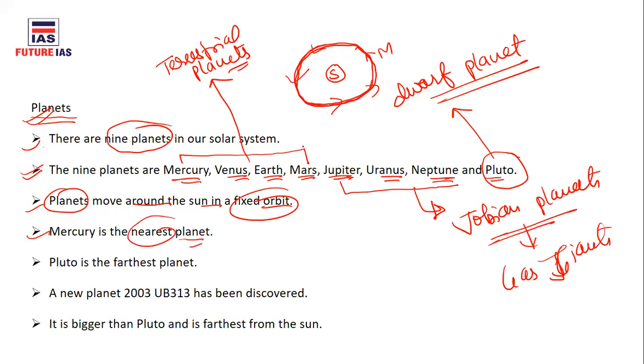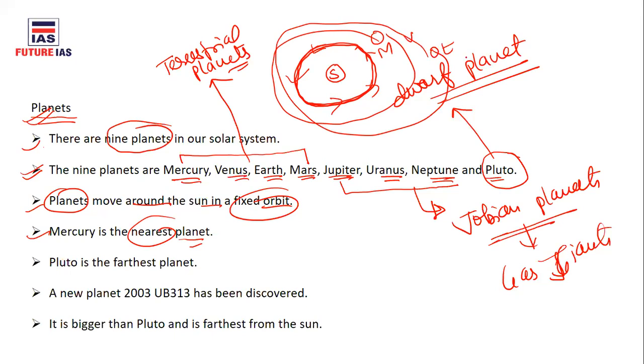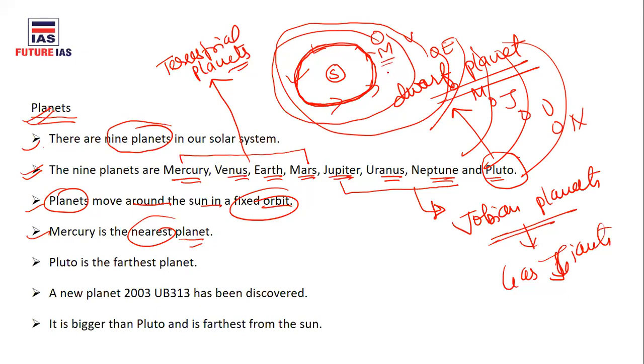If you want to make the depiction, it will look like this: Mercury, Venus, Earth, Mars, then Jupiter, Uranus, Neptune. Roughly, from the sun, Pluto will be at the furthest location, and Mercury at the shortest distance from the sun.